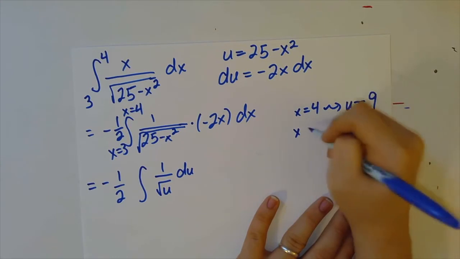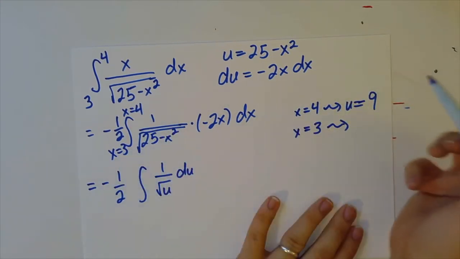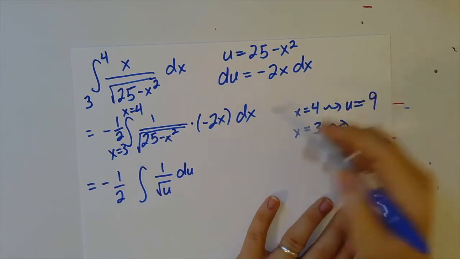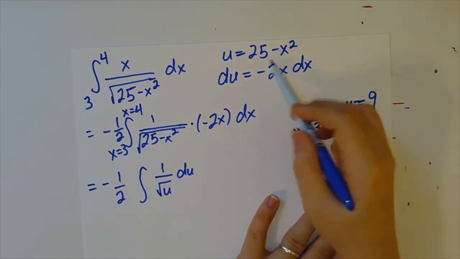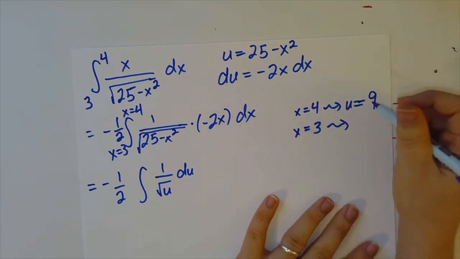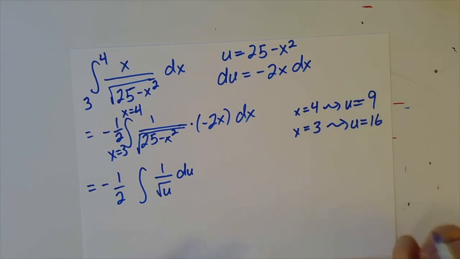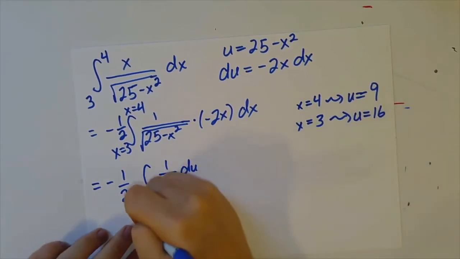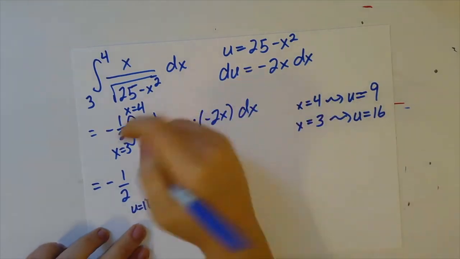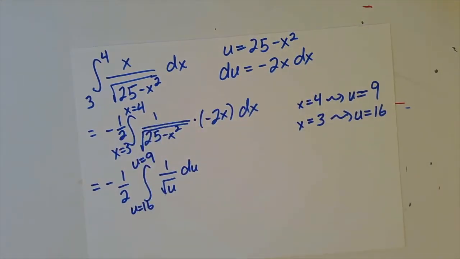And x equals 3, I don't know why I did this backwards, gets translated to 25 minus 3 squared, which is 16. Okay. So this becomes the integral from u equals 16 to u equals 9.